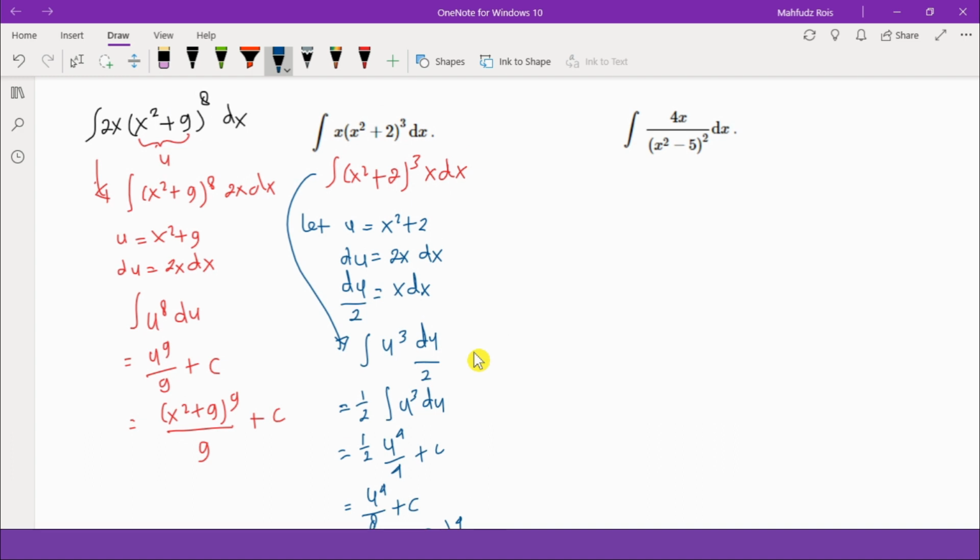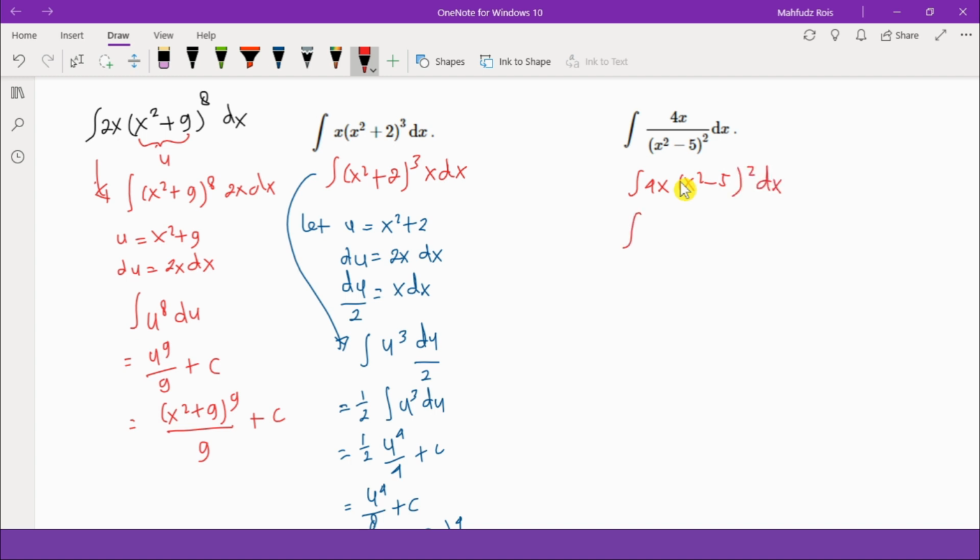So like this. And how about the next one we have here? Again we can do the same technique, because if you differentiate x squared minus 5, it will be 2x, but here we have 4x. So firstly, maybe we can make this integral as the integral of 4x times (x squared minus 5) squared dx.